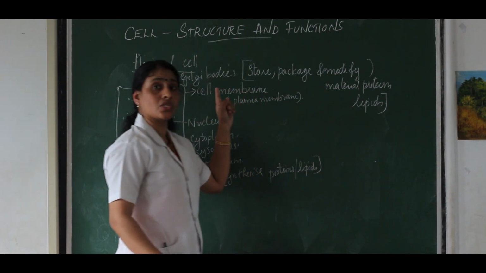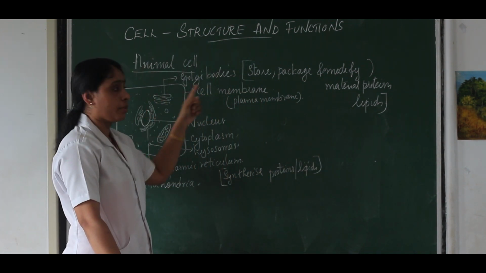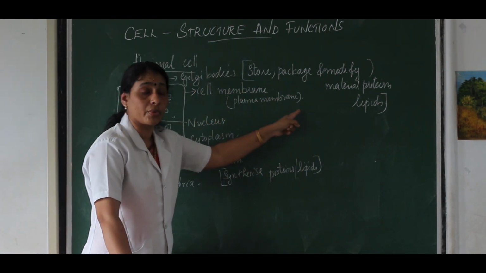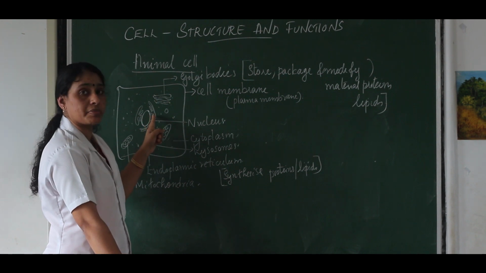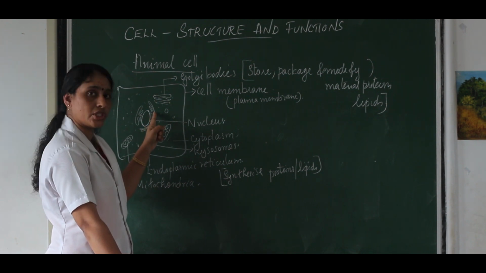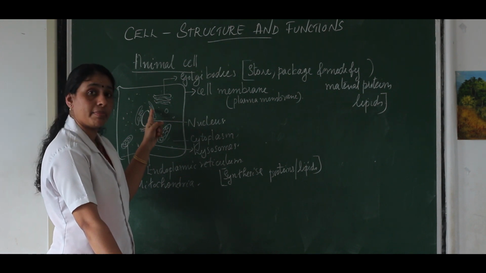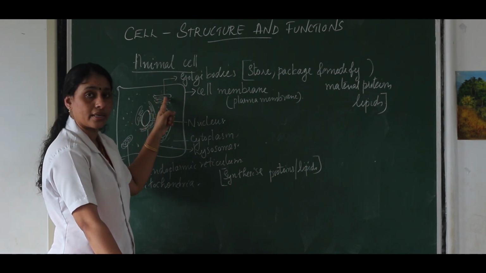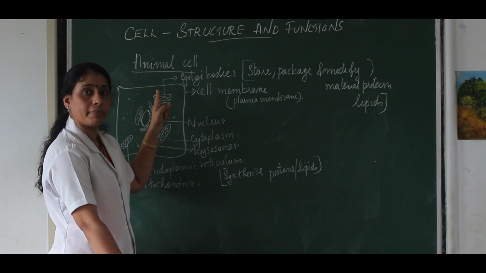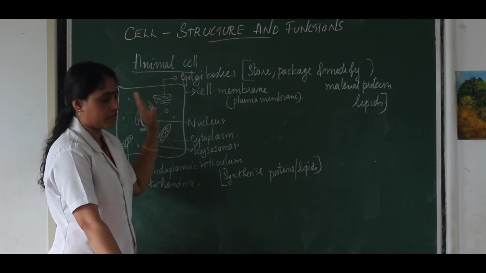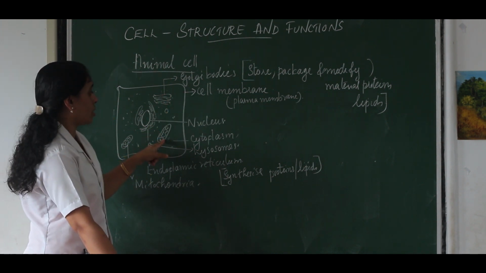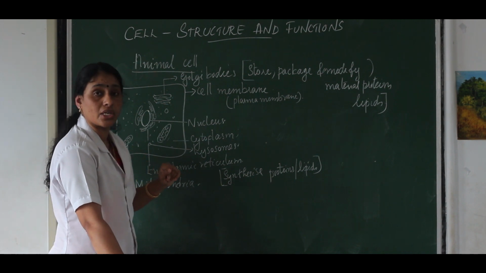So it acts as a storehouse of proteins and lipids produced from the endoplasmic reticulum. That means the endoplasmic reticulum will synthesize the proteins and lipids, and in turn they will be transported to the Golgi apparatus where they will be stored, packaged and modified. Got it? Okay.